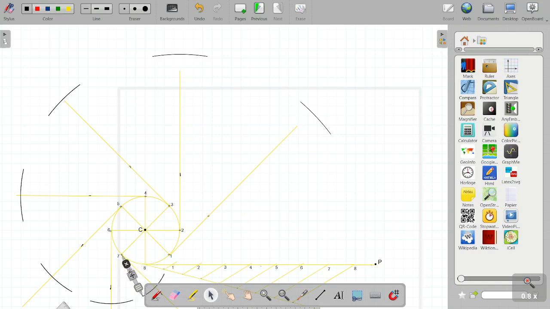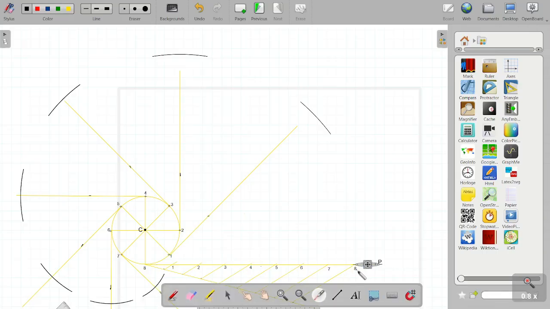And then finally measuring from point 8 to point P. So here what happens is the length which has to be measured is more than the least count of my compass.